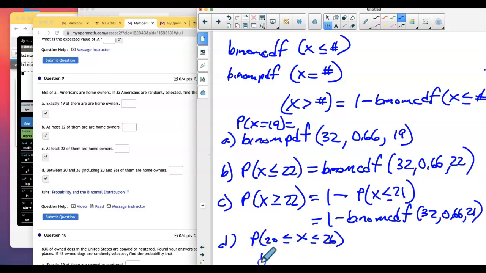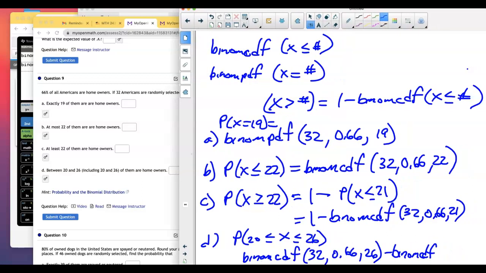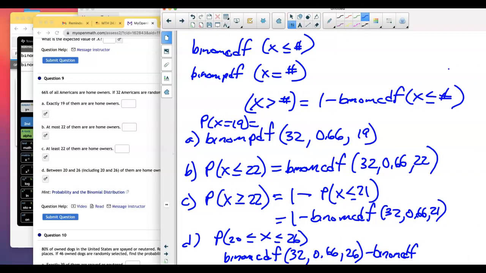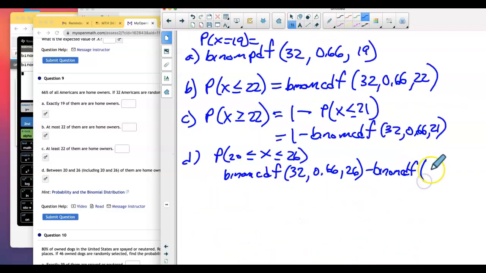So basically this is going to be the binomial CDF of 32, 0.66, 26 minus the binomial CDF of 32, 0.66, 19, because we want to take away 19 and lower.